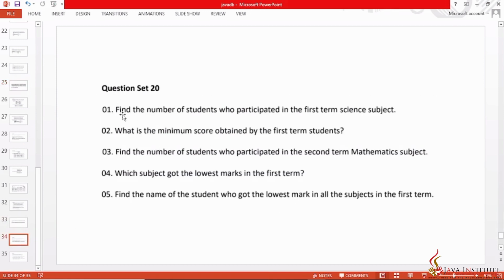First question, find the number of students who participated in the first term science subject. So let's write the query for that.